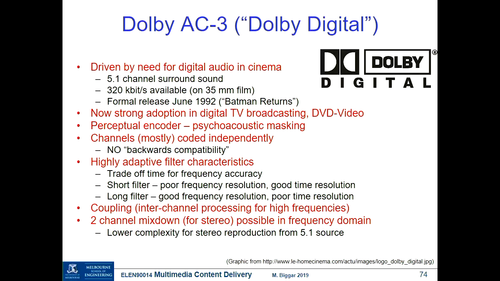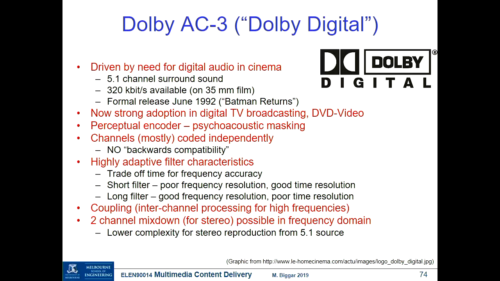But anyway, briefly, Dolby had been big in the cinema, in analog cinema sound for a long time, but around the early 1990s, they developed Dolby Digital, and the motivation for the efficiency of this encoder was that they only had a limited bit rate available, 320 kilobits per second.